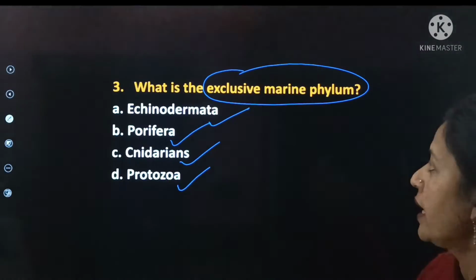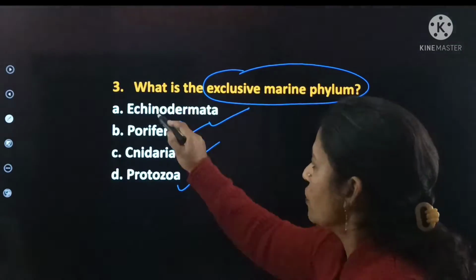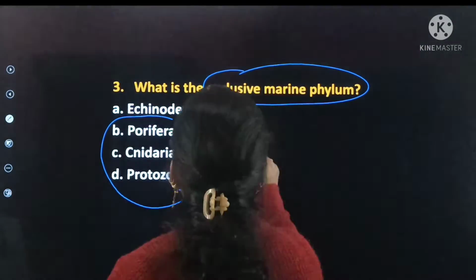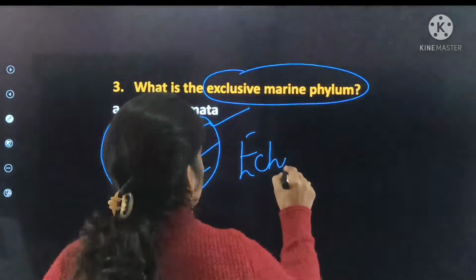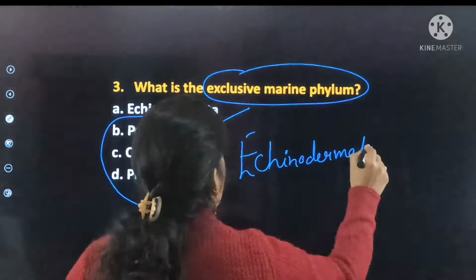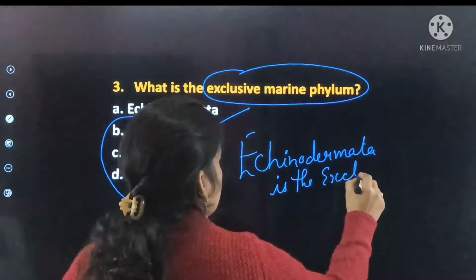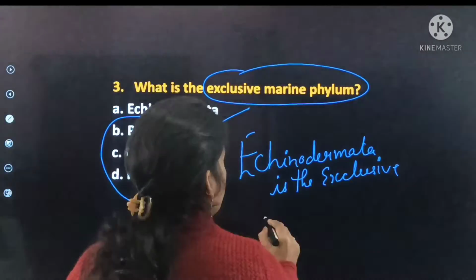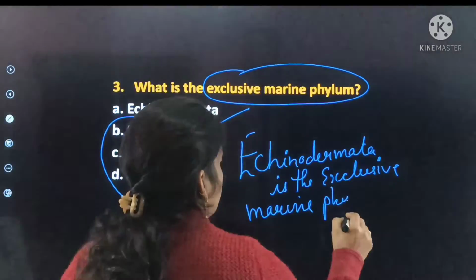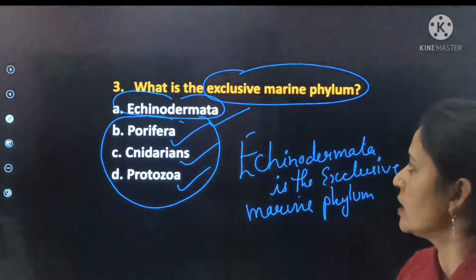Porifera, Cnidarians as well as Protozoa are not exclusive marine phyla, but only Echinodermata is the exclusive marine phylum. So this is the right answer, Echinodermata.